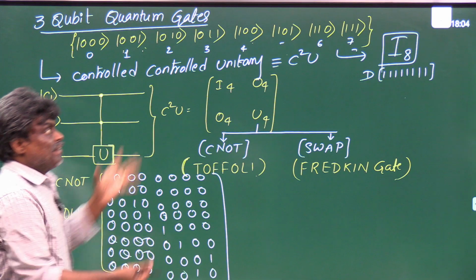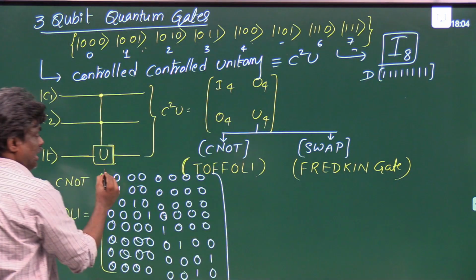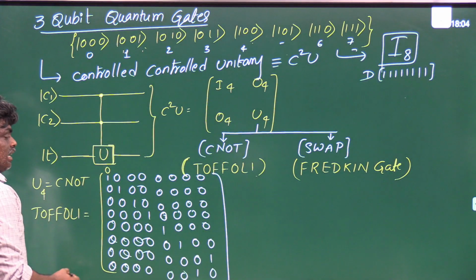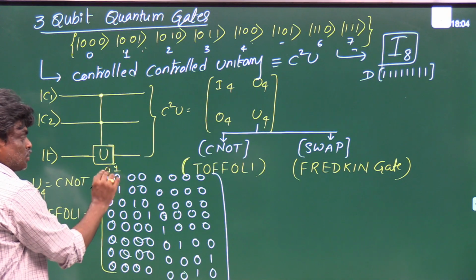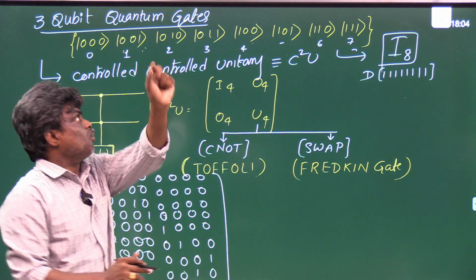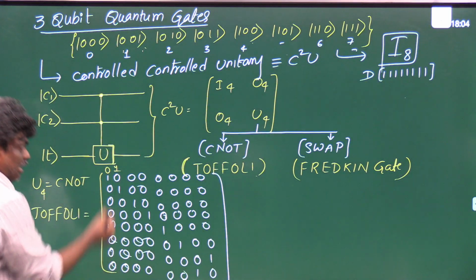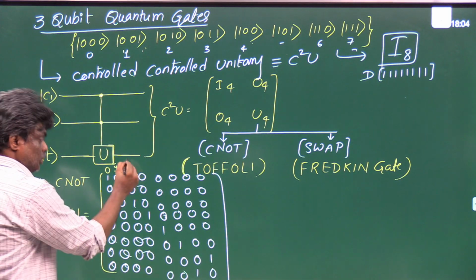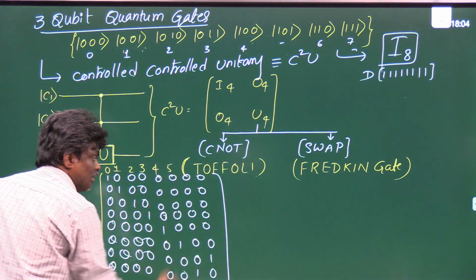Now everybody listen. Just compare with I8. First row, first column, yes. Second column, that means 1. I hope you know the indices 0, 1, 2, 3, 4, 5. Is it 0? Yes. Is it 1? Yes. Is it 2? Yes. 3? Yes. 4? Yes. 5? Yes.